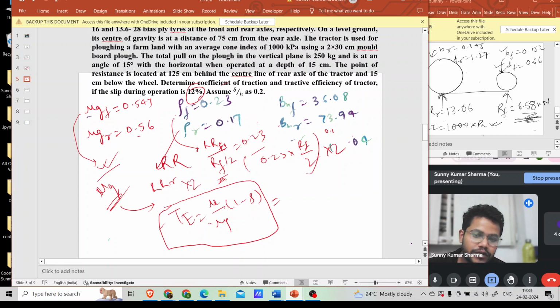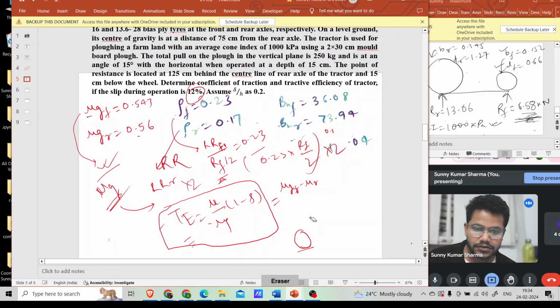So mu and mu g you will take for the front or rear axle. Tractive efficiency is calculated for the front axle or rear axle. This is a two wheel drive tractor, na? So for two wheel drive, the axle power is coming on the rear axle. So this is mu g for the rear axle minus mu R for the rear axle, by mu g for the rear axle, into 1 minus slip, which is 0.12.